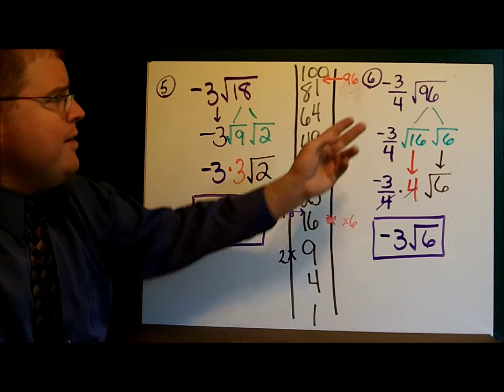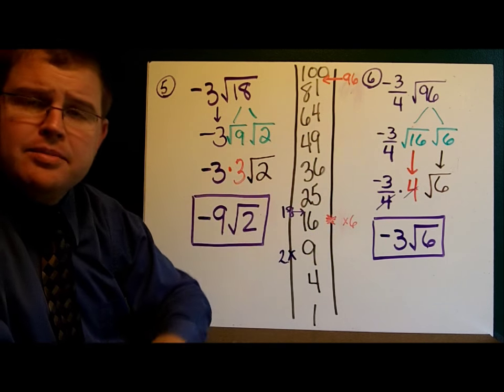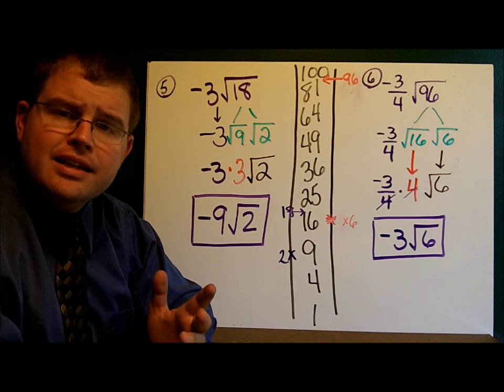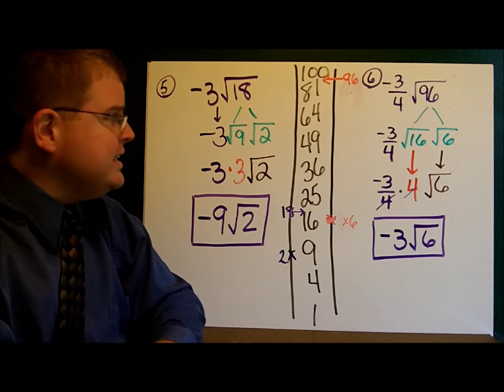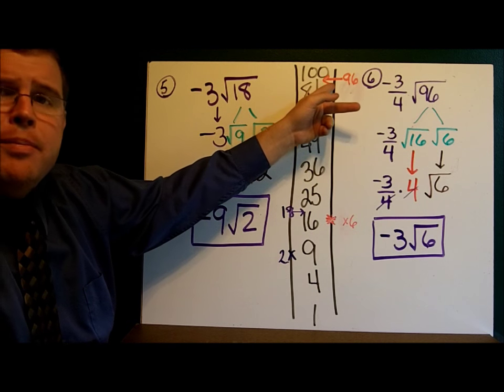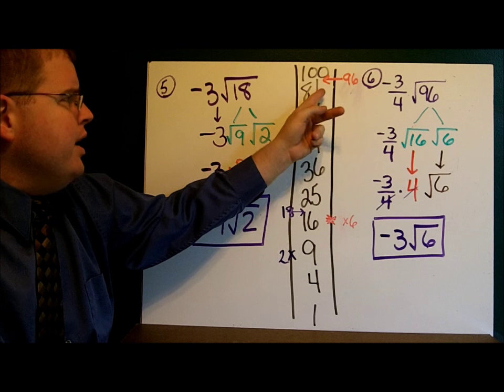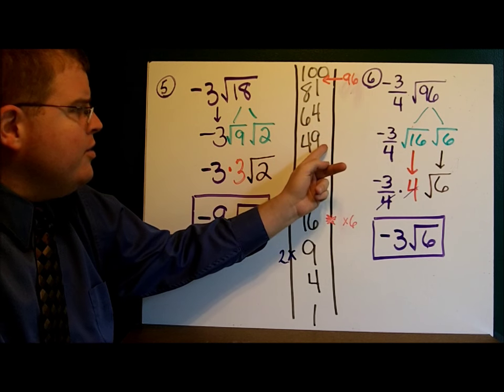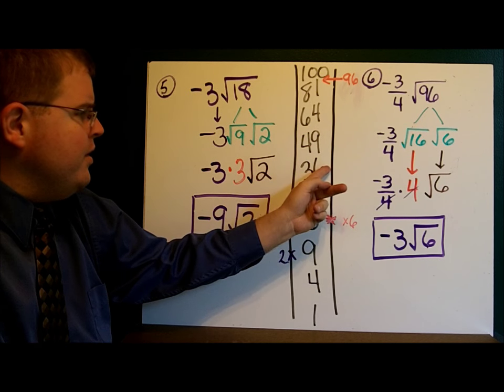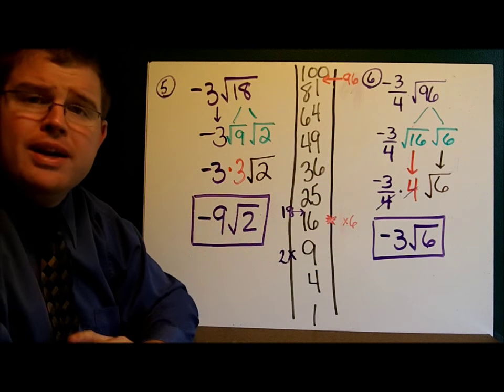Number 6, we have negative 3/4 times the square root of 96. Let's simplify that square root of 96. 96 would be up here on our list, but it's not there. Does 81 go into it? No. 64? No. 49? No. 36? No. 25?